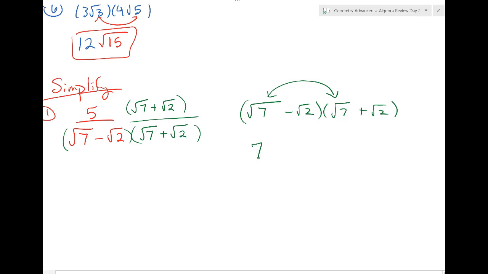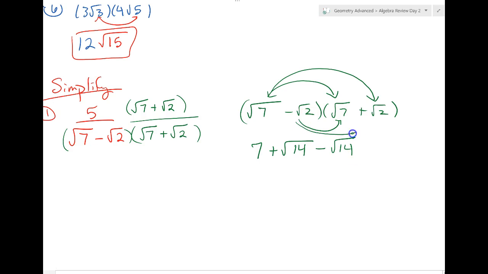Great. Then we do our outside. Square root of 7 times a positive root 2, so I get positive square root of 14. And then we go to our negative root 2 times 7, so that's going to be a negative root 14.